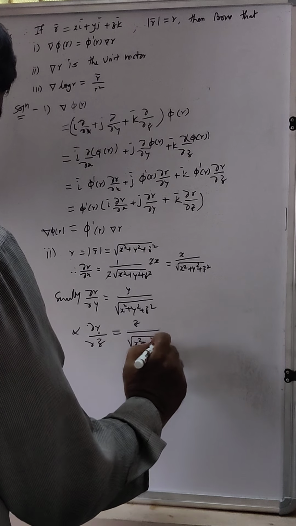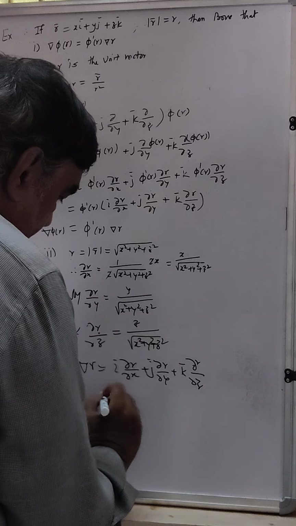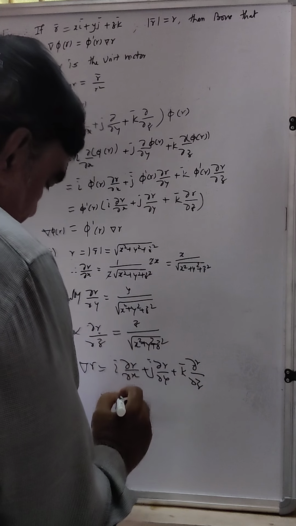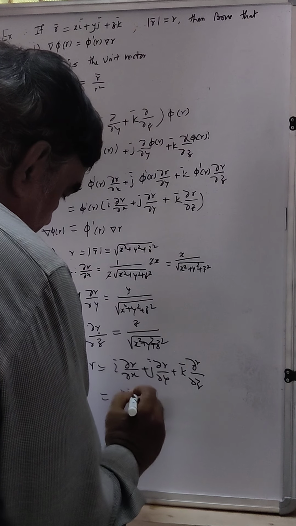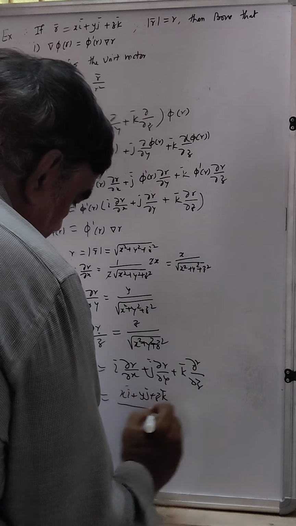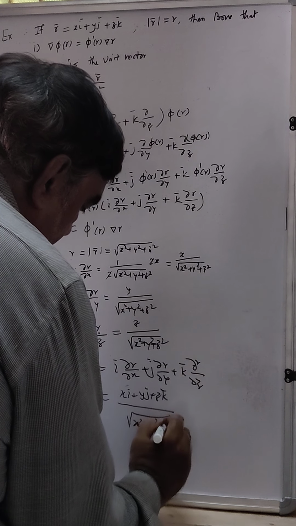Therefore, del r is equal to i del r by del x plus j del r by del y plus k del r by del z, is equal to, the denominator is the same, therefore xi plus yj plus zk upon under root of x square plus y square plus z square.